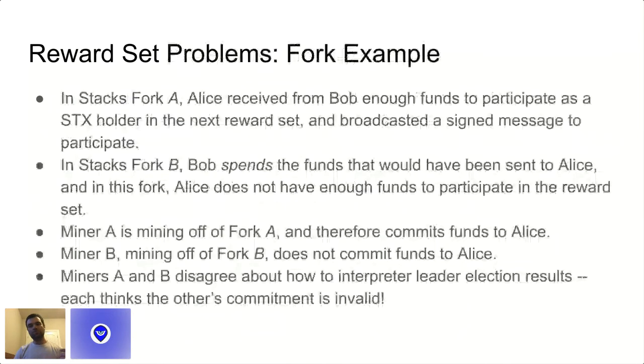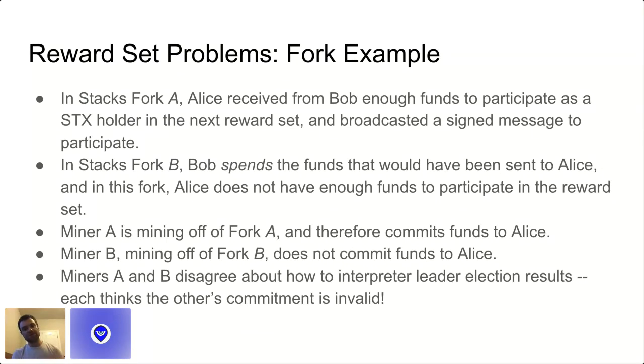All right, so let's look at one of these problems in a little bit more detail. Here, let's imagine that we have a Stacks blockchain and two Stacks holders in this blockchain, Alice and Bob.